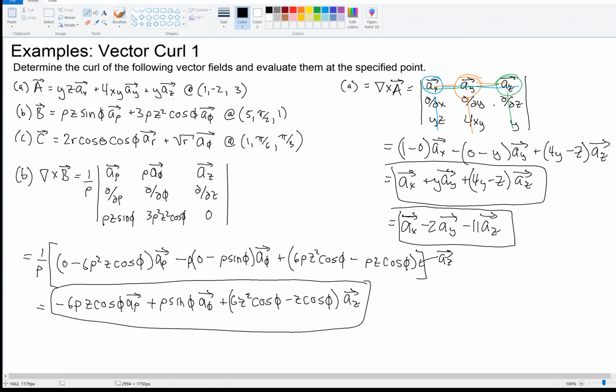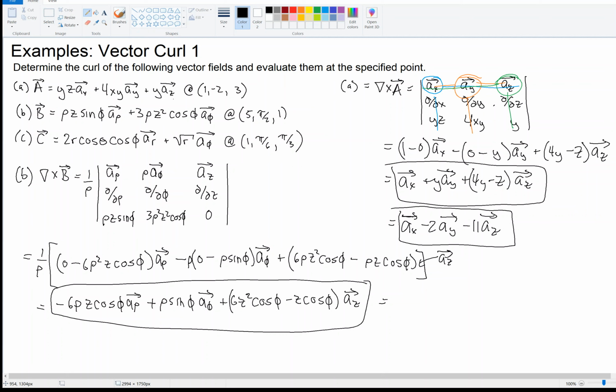So now let's evaluate it at our point 5, pi over 2, 1. So rho is 5. So we've got negative 6 times 5 times 1, but look at the cosine. Phi is pi over 2, cosine of pi over 2 is 0, so that wipes this term out. So then moving on to the phi term, we've got rho, which is 5, times the sine of phi.